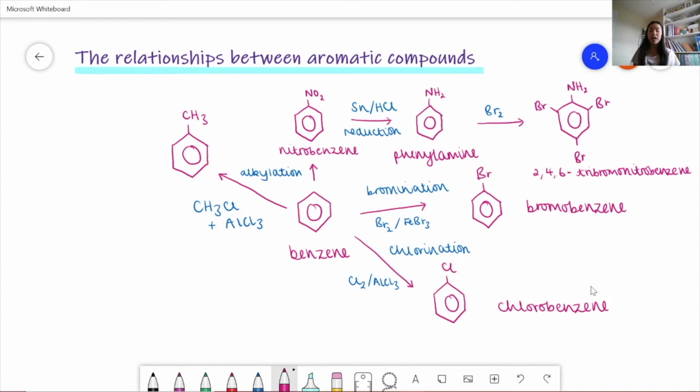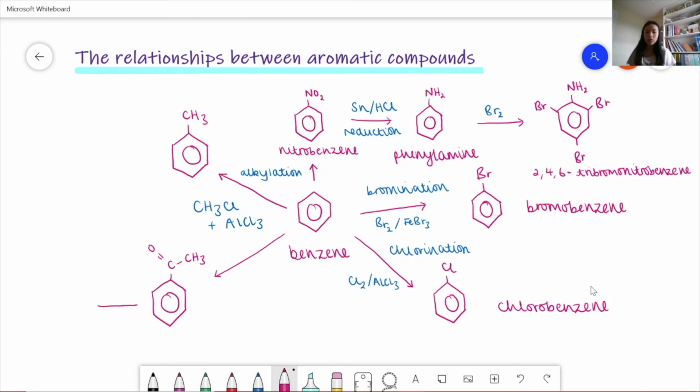The final reaction we have with benzene is Friedel-Crafts acylation, and this is where we add an acyl group to this benzene. So we form something called an acyl substituted benzene, or we could say an aromatic ketone. So what we form is benzene, and now we have a C double bond O attached and also a methyl group, or an R group depending on what we reacted with the benzene.